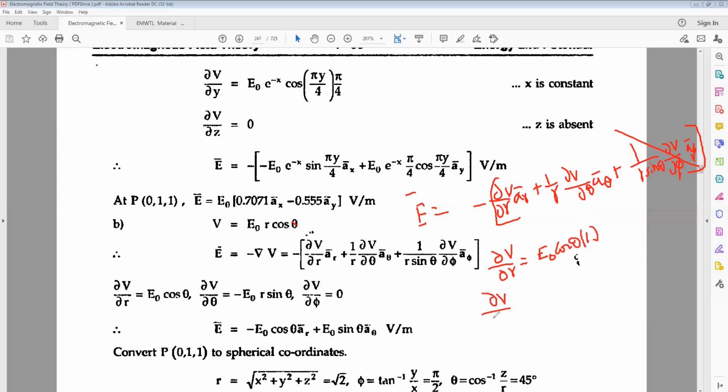And dou V by dou theta is E naught, where r is a constant, times the derivative of cos theta, which is sine theta.